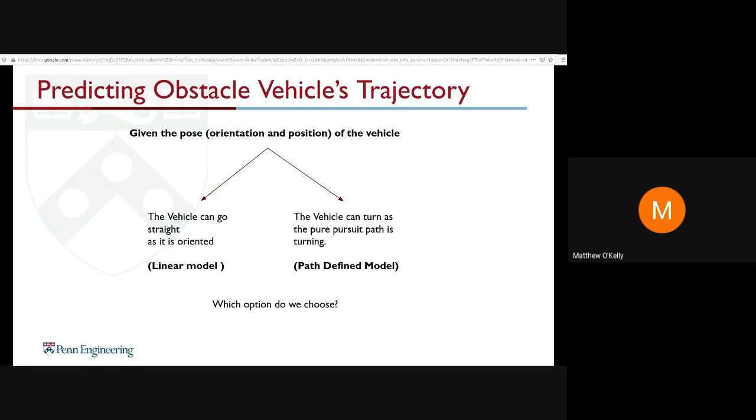A generalized version of this might be to run RRT or RRT star or model predictive control instead of pure pursuit. So I would say that solutions along those lines like RRT star MPC would fall within the framework of game theory. So you could look at iterated best response. So you say, what would they do if I did this?